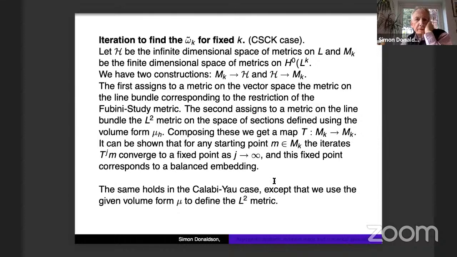Exactly the same discussion holds in the Calabi-Yau case, except that in our map from script H to M_k, we use the L2 metric defined using the given volume form on our manifold.